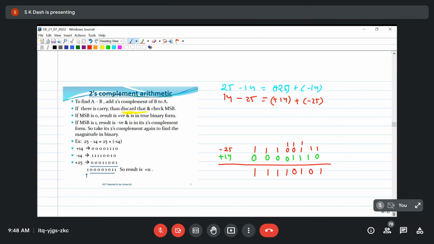First of all, did we get any end around carry? We didn't get an end around carry here. It was 8 bit here and we also got 8 bit, so we are not getting anything extra.